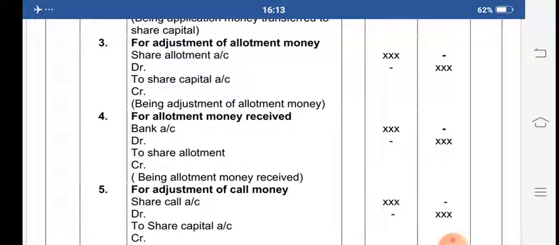The narration is: being adjustment of allotment money. In entry number 4, for allotment money received: bank account debit to share allotment account credit. These two entries related to allotment are finished.